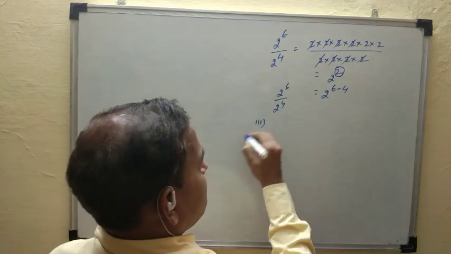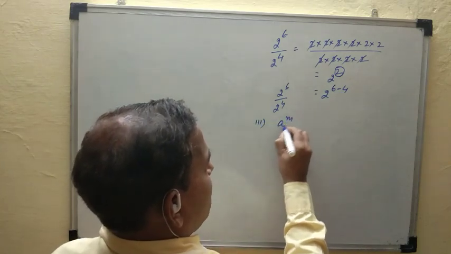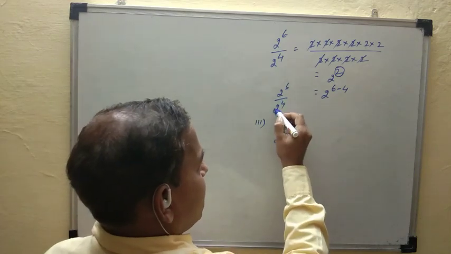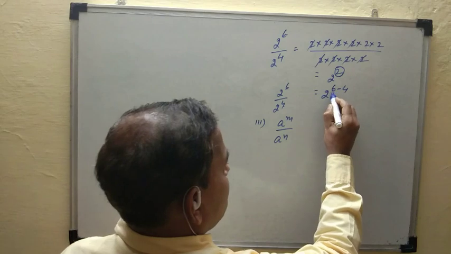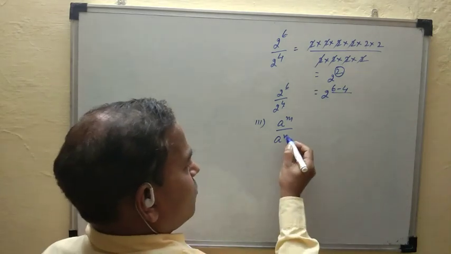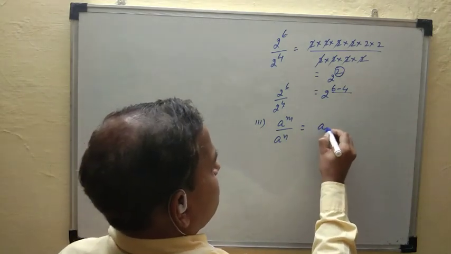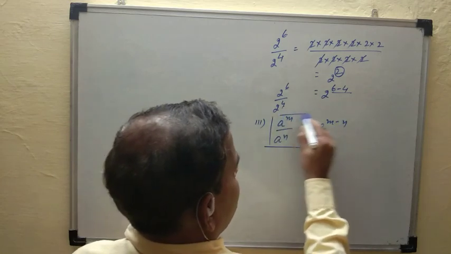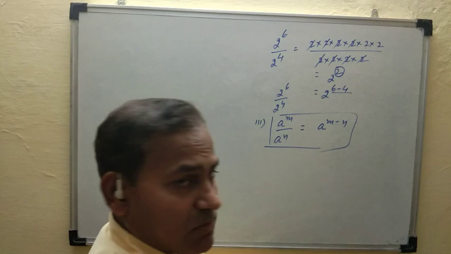So property third: a to the power m upon a to the power n, that is, in the divide case, दोनों का पावर क्या हो जाएगा, माइनस. तो यहाँ पे दोनों पावर क्या कर देंगे, माइनस. So a to the power m minus n. दिस इज द थर्ड प्रॉपर्टी. डिवाइड केस में पावर हो जाएगा माइनस.